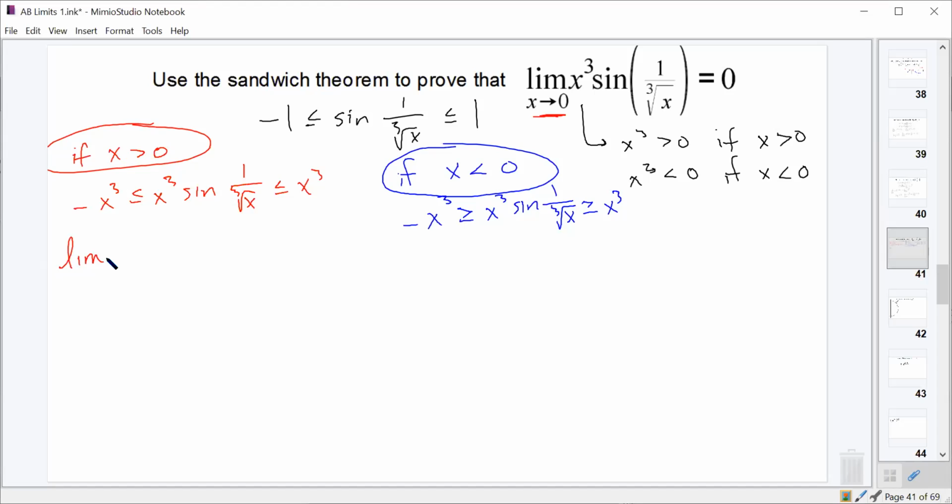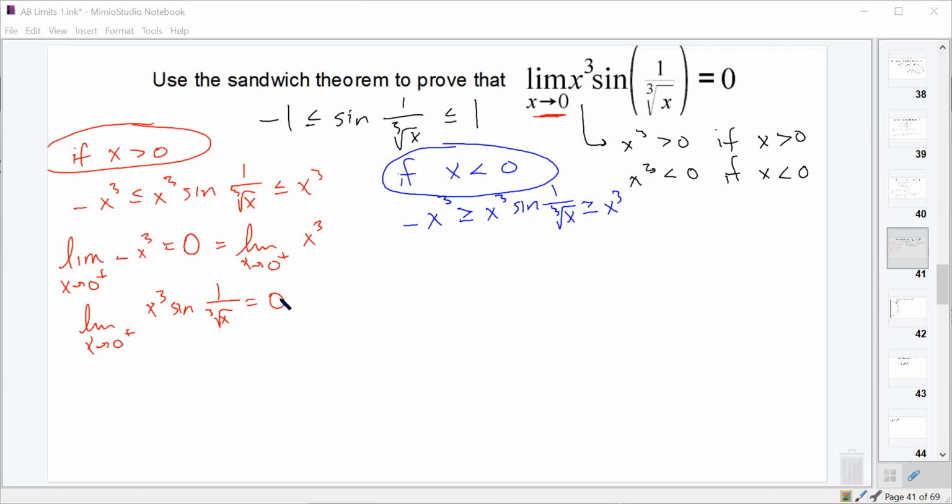So the limit as x approaches 0 from the right of negative x cubed is 0. And what about the limit as x approaches 0 from the right of x cubed? It should also be 0. Therefore, the limit as x approaches 0 from the right of x cubed sine of 1 over the cube root of x should also be equal to 0.